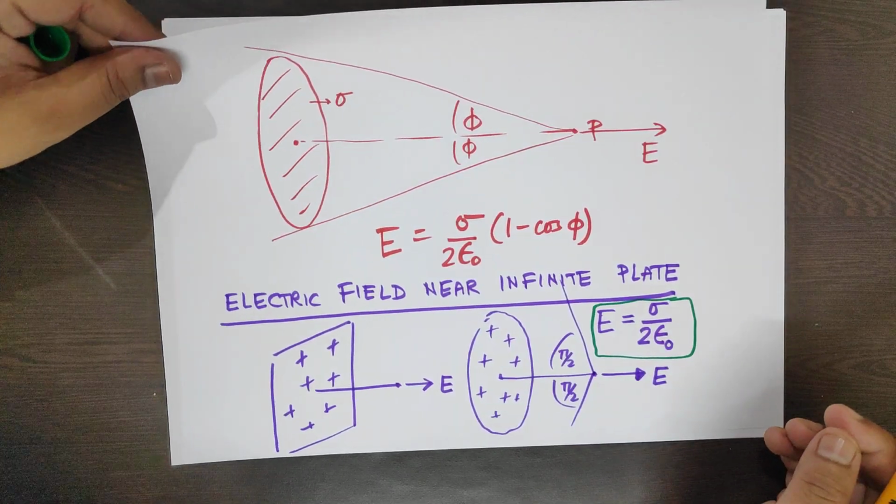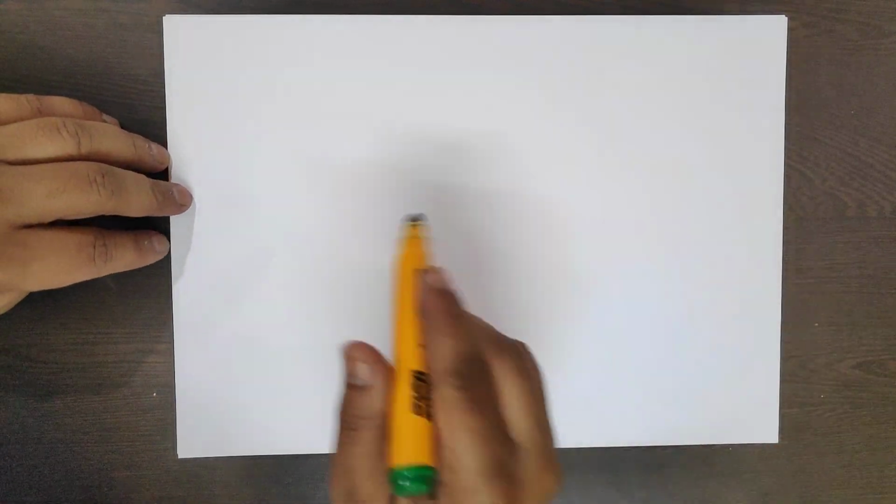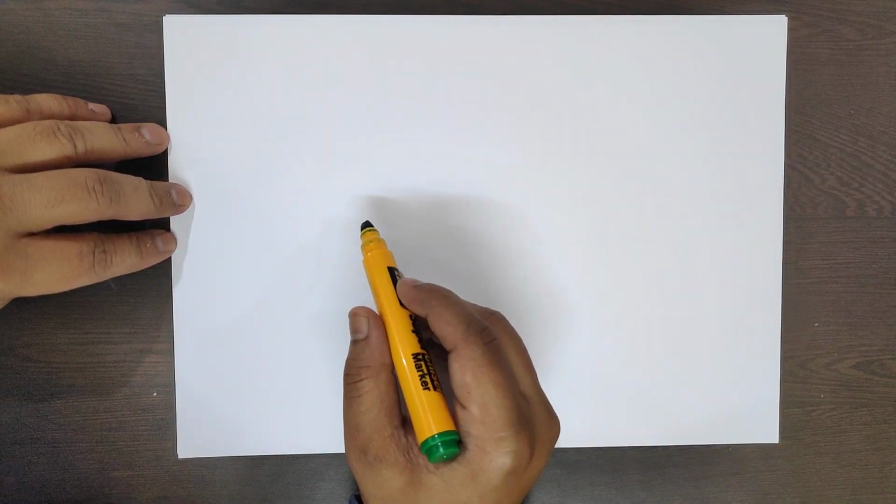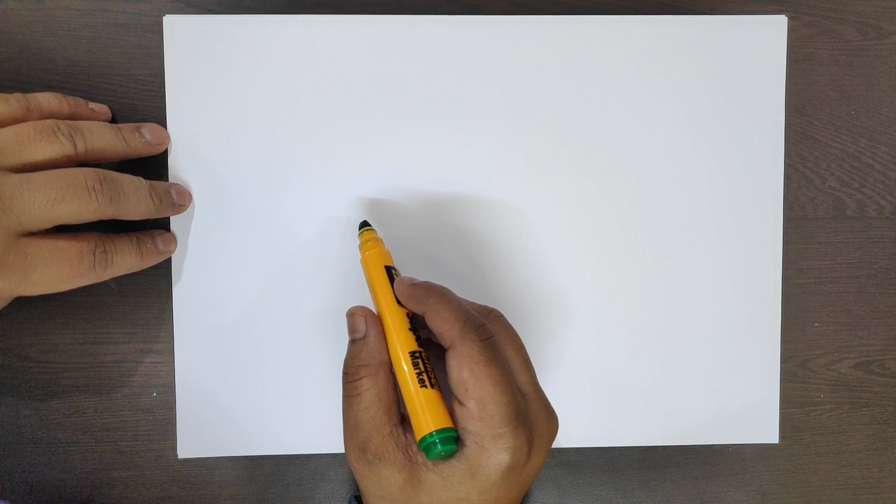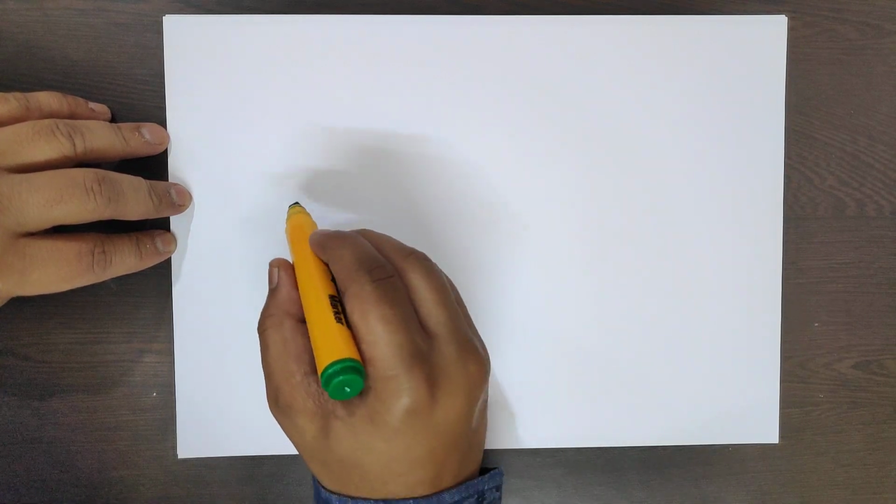Right. So near the infinite charged plate, the field is uniform.